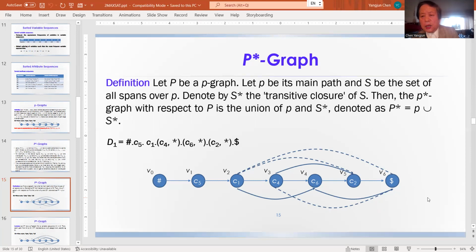This graph, P star graph, is very important because in this graph, each path represents a truth assignment under which the corresponding conjunction evaluates to true.